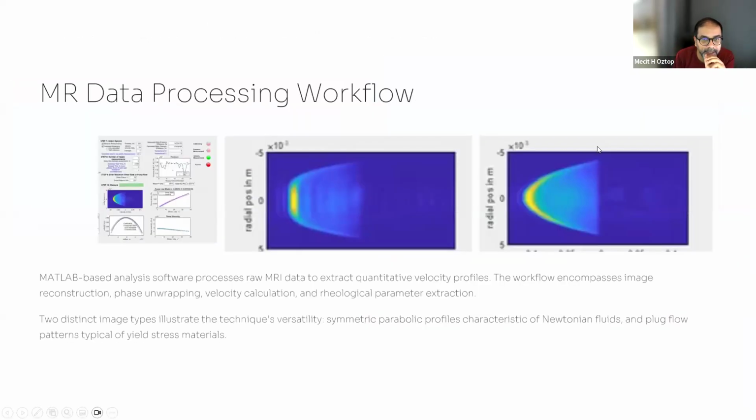Here we are using MATLAB-based analysis software which processes raw MR data to extract the quantitative velocity profile. The workflow utilizes image reconstruction, phase unwrapping, velocity calculation, and rheological parameter extraction. Here I show you one Newtonian fluid with no yield stress and one non-Newtonian fluid with yield stress.